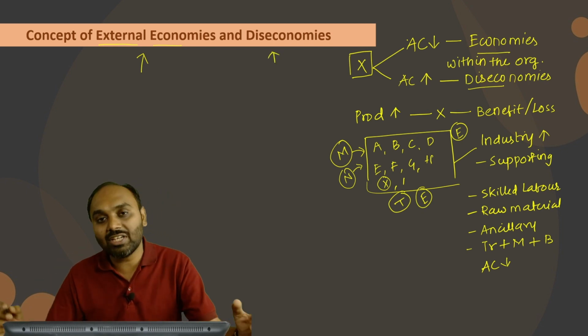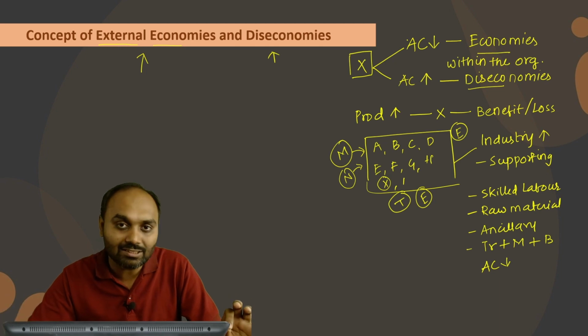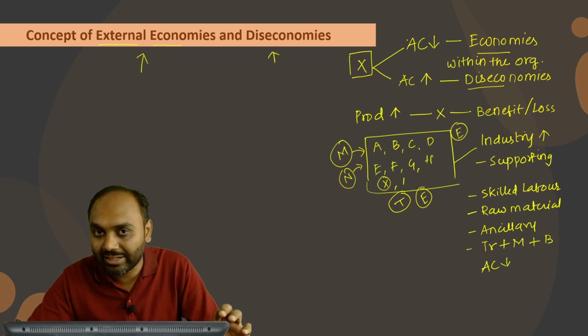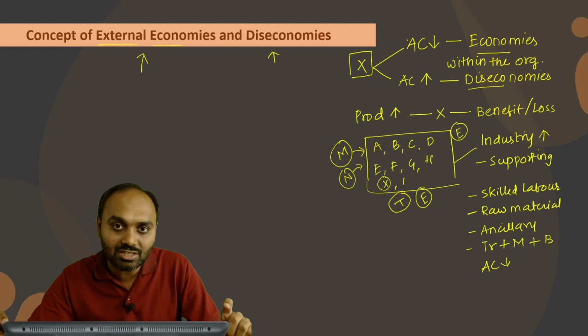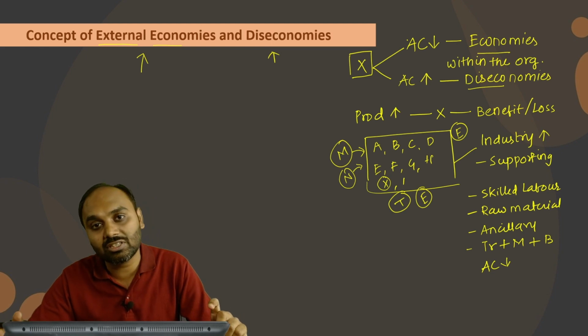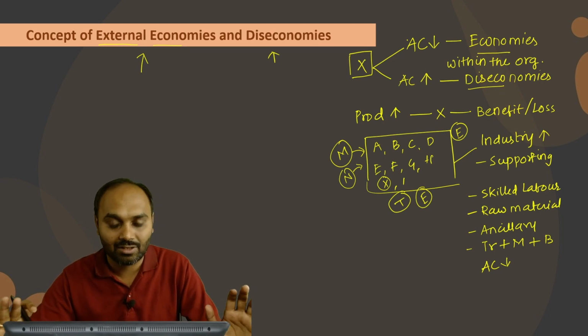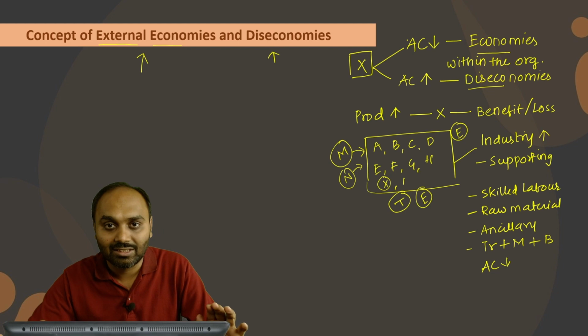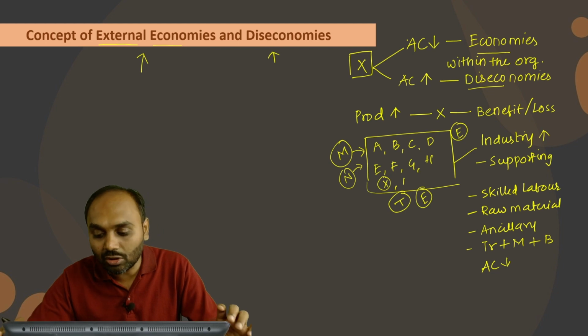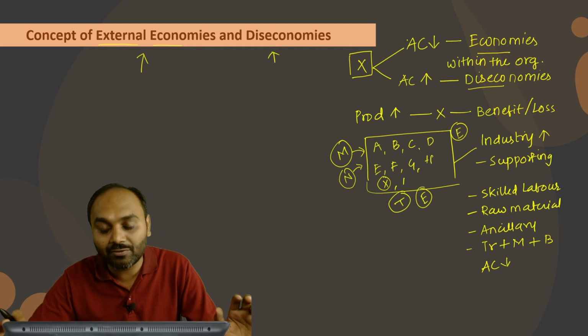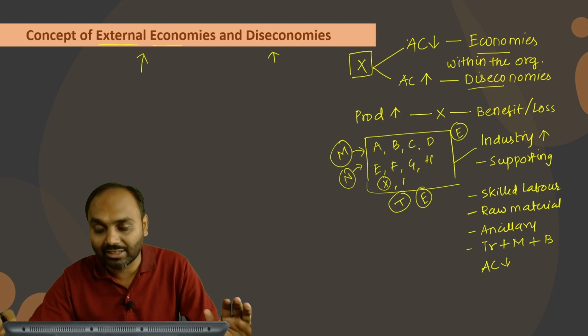So previously we covered the concept of internal, in which I was discussing an organization increasing the output, and because of that the benefit as well as the losses were both received by the organization itself. But in the case of external, it is not only one organization which will receive the benefit, it will be received by all the organizations.